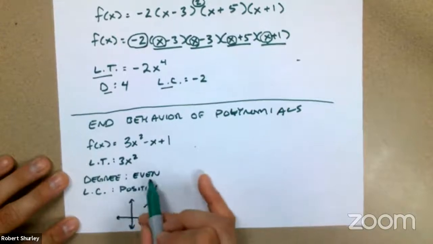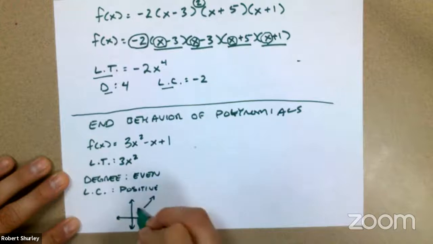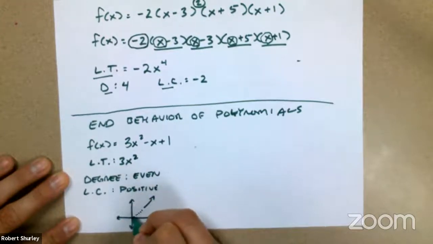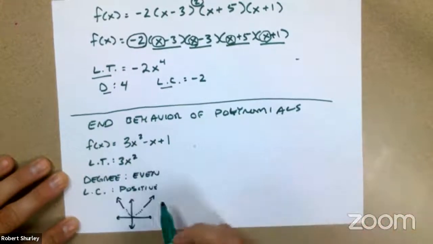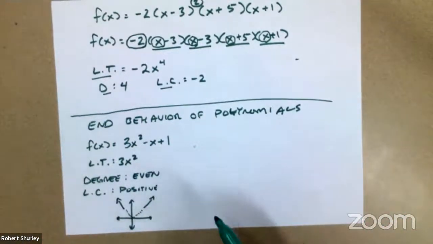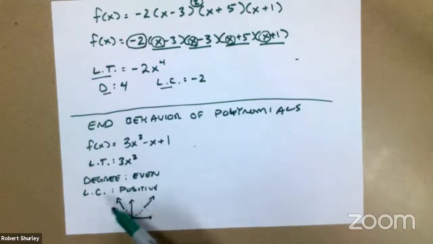Now, because it's even, I know it has to be symmetric on the other side. So I'm not going to define what's going on in between, but I know to the left, it's also going to go up because with even, there's symmetry. You guys remember the even symmetry? It kind of comes from that. Well, this graph is not even symmetric, but because the degree is even, it's going to come from the other side.